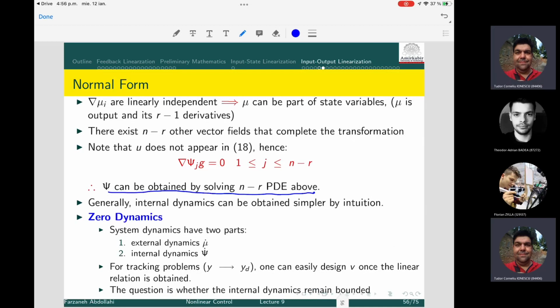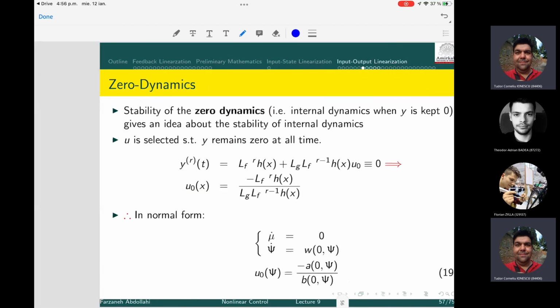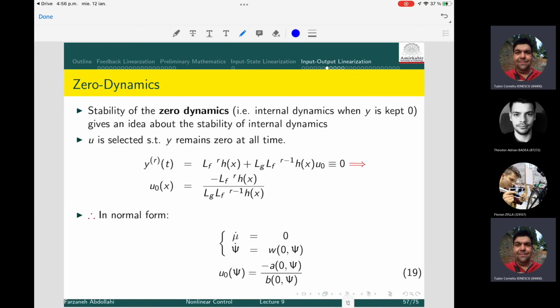One can easily design v once the linear relation is obtained. That's why you do feedback linearization, to get a linear relation. The question is whether the internal dynamics remains bounded.